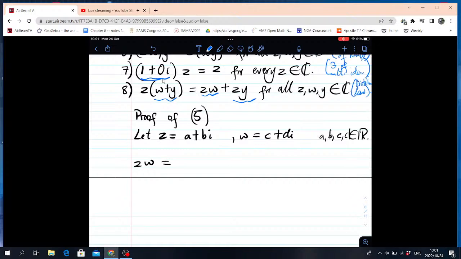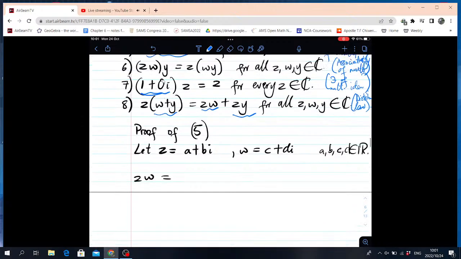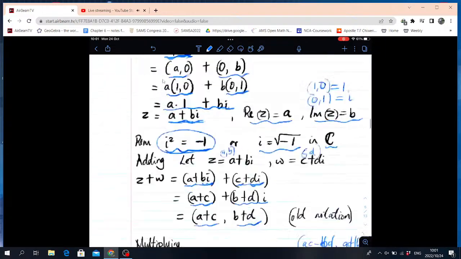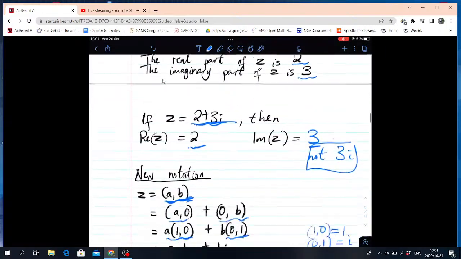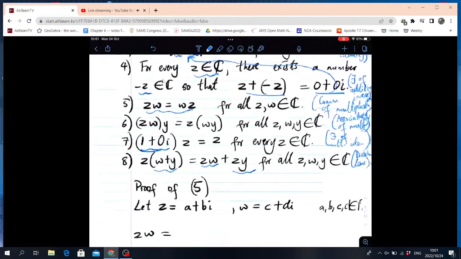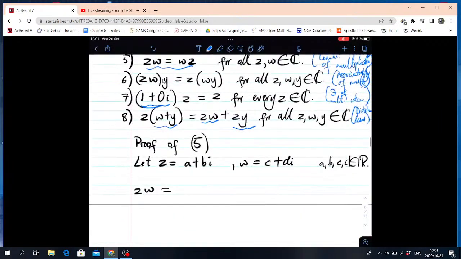Before we start the proof, there's a question. Is the standard form of a complex number the ordered pair form? No. The standard form is what we have now, not the ordered pair. Let me just verify for a second.